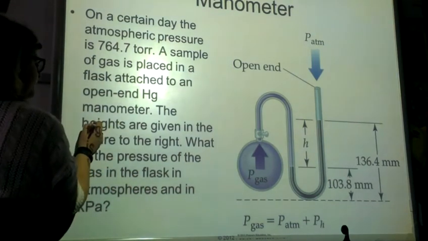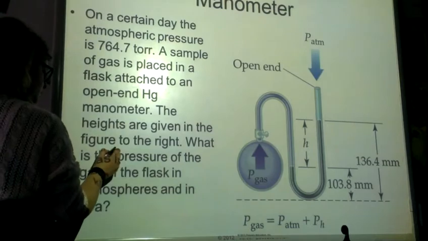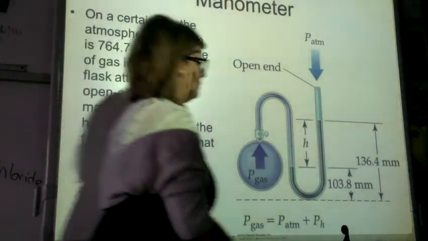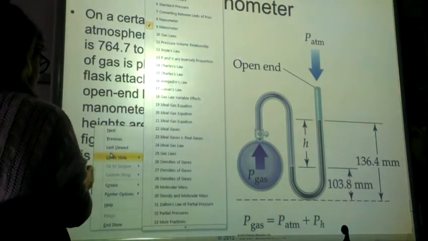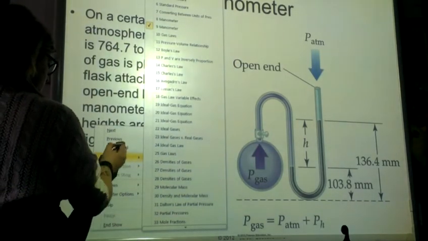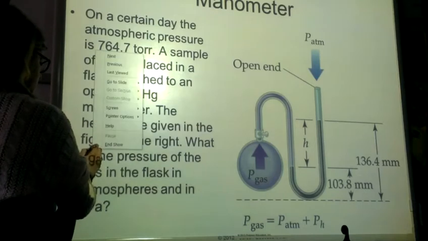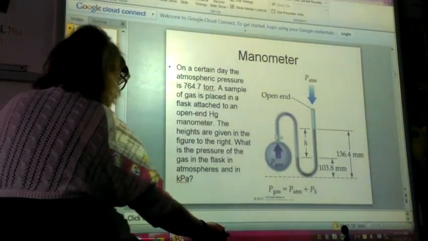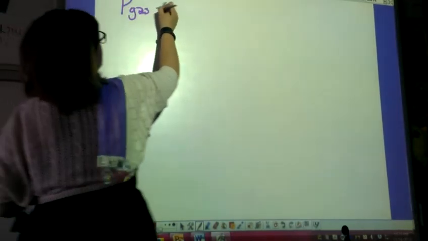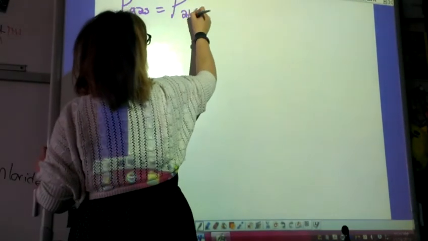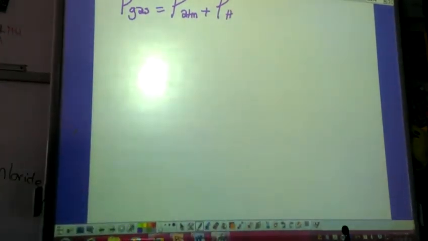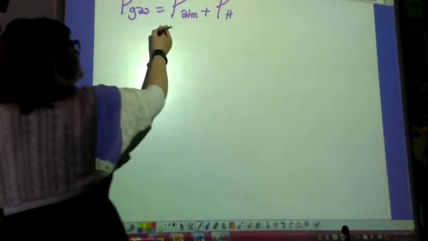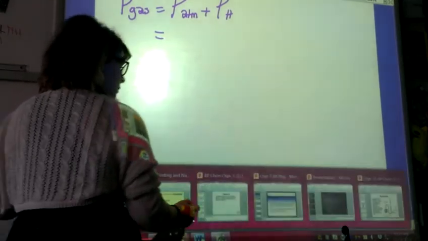So let's open up ActiveInspire. Okay, so I have the pressure of the gas is equal to atmospheric pressure plus the pressure and the height of that liquid mercury. Okay, atmospheric pressure, they gave me that value in the problem.